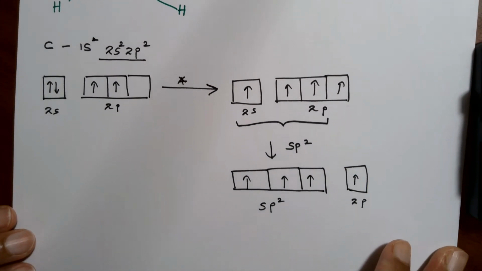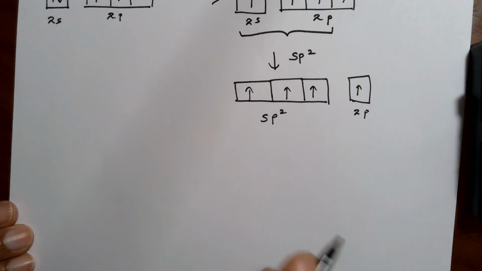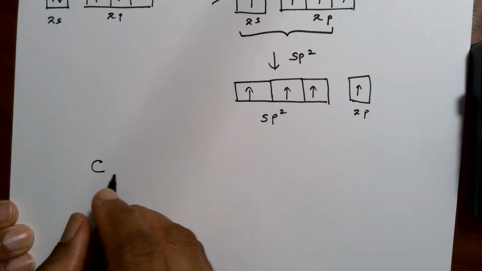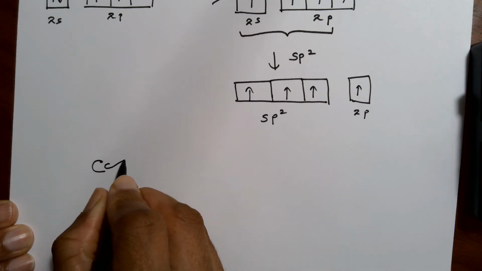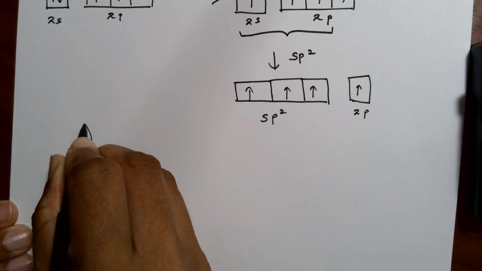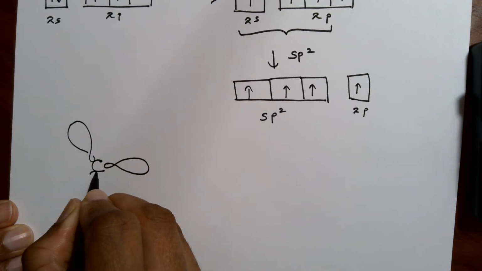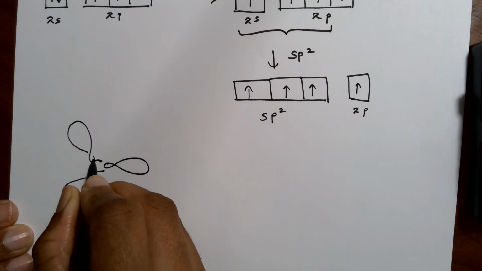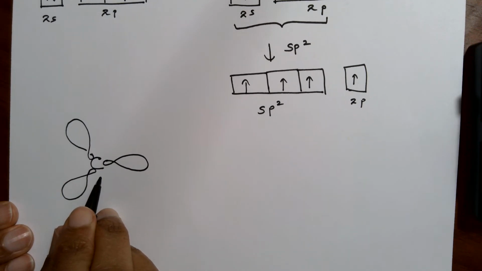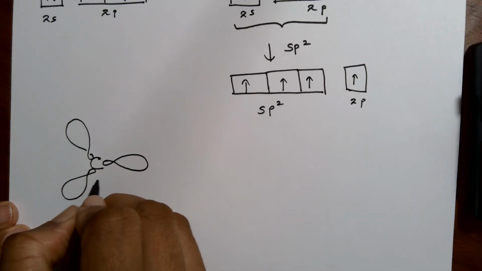Now let's see how the arrangement looks on each carbon. Let's pick one carbon. There are 3 hybridized orbitals. One hybridized orbital we place like this, another one like this, and another one like this. This is how the hybridized orbitals sit on one carbon. So these are sp2 hybridized.